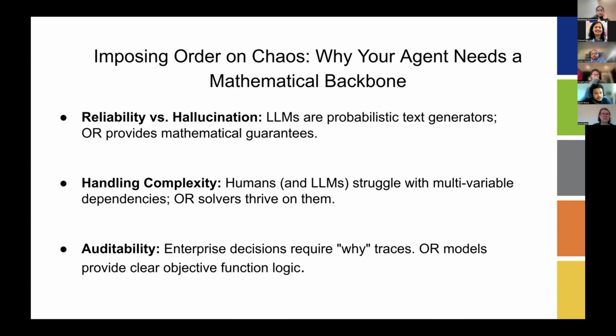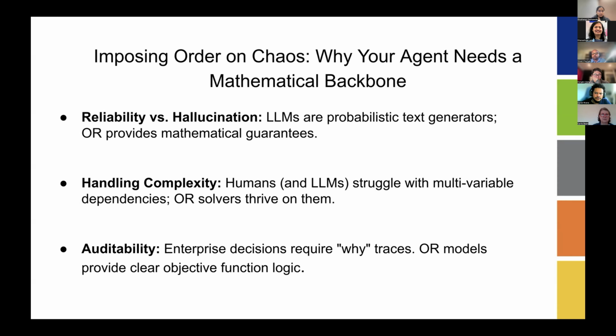LLMs are probabilistic text generators, and many times they hallucinate, whereas OR solvers thrive on complexity, and they provide mathematical guarantees. Mostly humans as well as LLMs struggle with multivariable problems and dependencies, but OR solvers thrive on them.